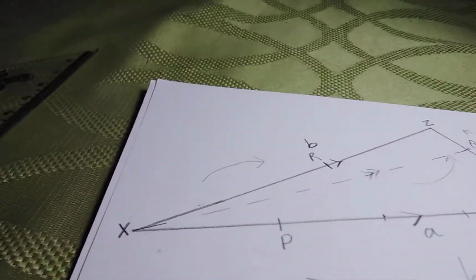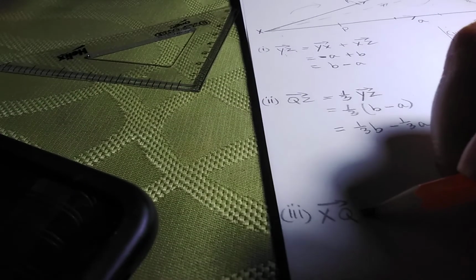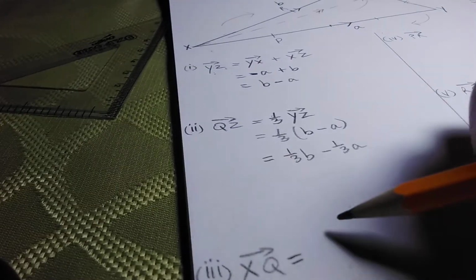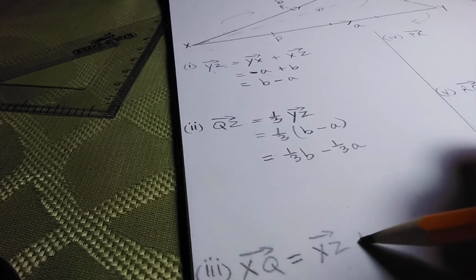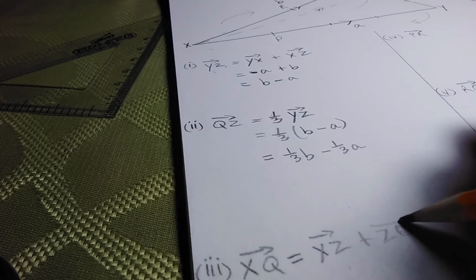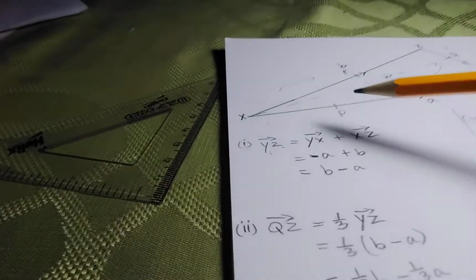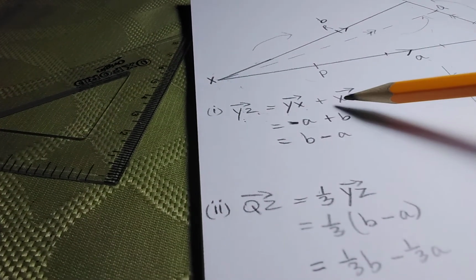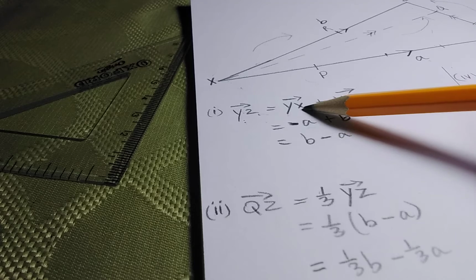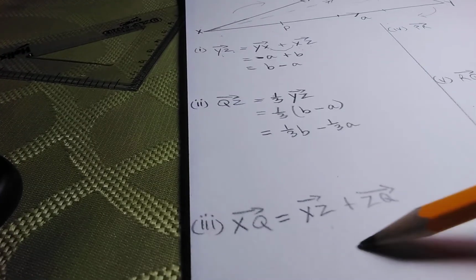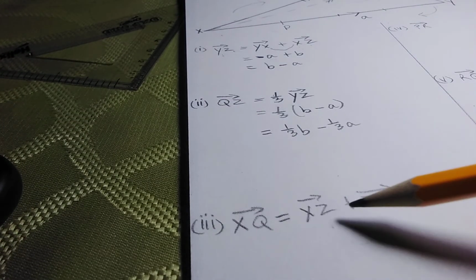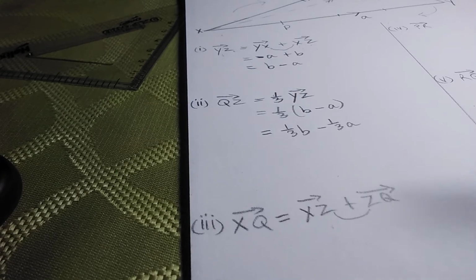All right, so let's do that. X to Z we know is b, going in that direction. So let us write it down. It's going to be XZ and then ZQ. Another thing to take note of, notice when I did Y to X, then I did X to Z. So these two letters in the middle are usually similar. Here we go with the XQ, X to Z, Z to Q. The two letters in the middle go together because they connect.